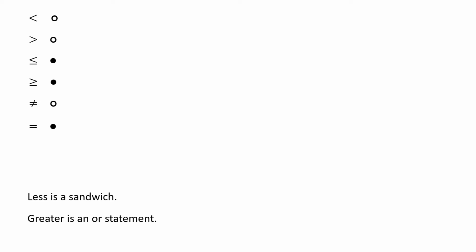That'll apply to both less than and also less than or equal to. So if we're looking at less than, we're going to make a sandwich. Less than or equal to, we're going to make a sandwich. If you don't quite understand what that means, you will in just a bit.